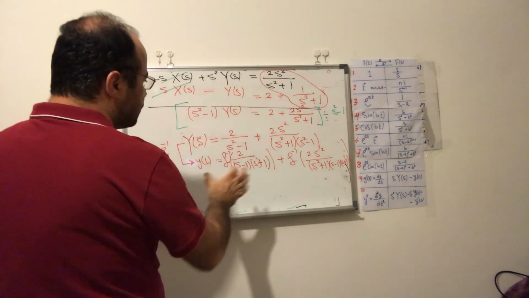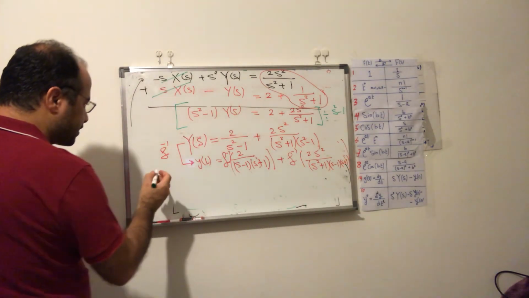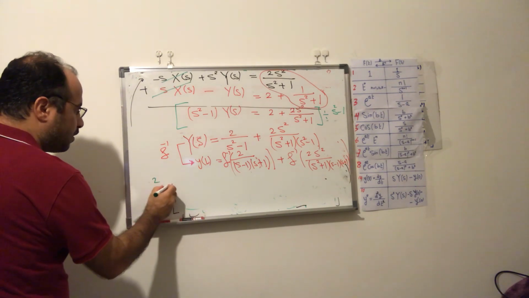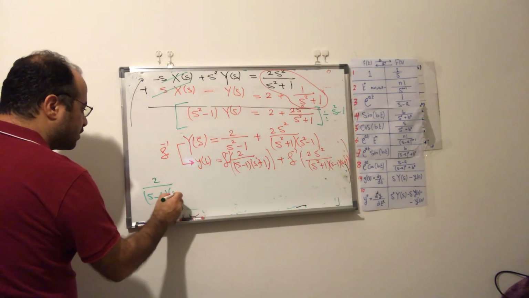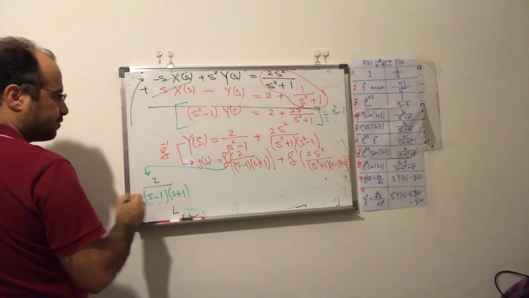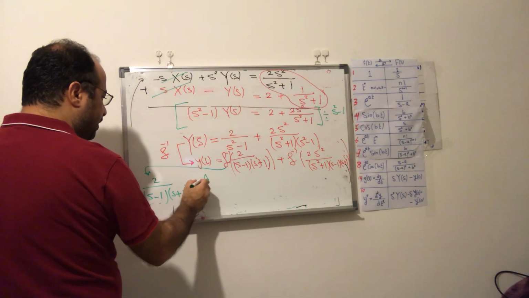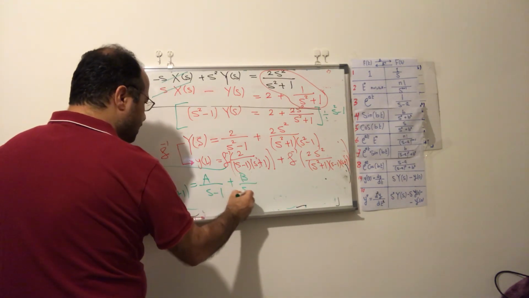Now you need to do partial fraction here and partial fraction here. I will do the partial fraction now. So you have 2 over (s minus 1)(s plus 1). I'm doing the first part. Partial fraction for the first one will be A over s minus 1 plus B over s plus 1.